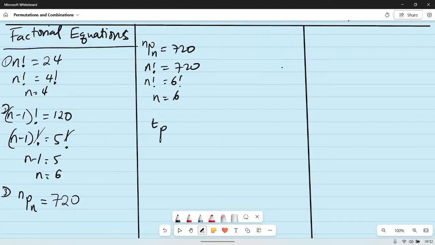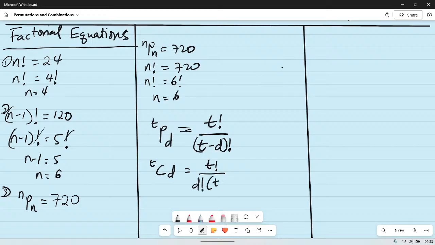Top permutation down becomes top factorial over top minus down factorial. Are we okay? But when you go to combination, top combination down becomes top factorial over down factorial times top minus down factorial.